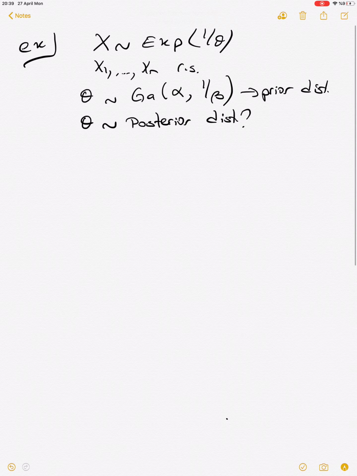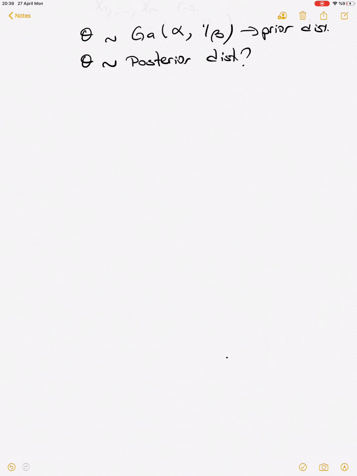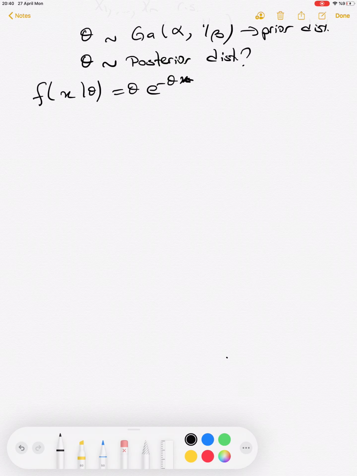So this is unknown. First of all, let's start with the classical approach. We know that our PDF for x is this one, and theta is unknown, and we use the minimum variance unbiased estimator approach to estimate the unknown parameter theta.